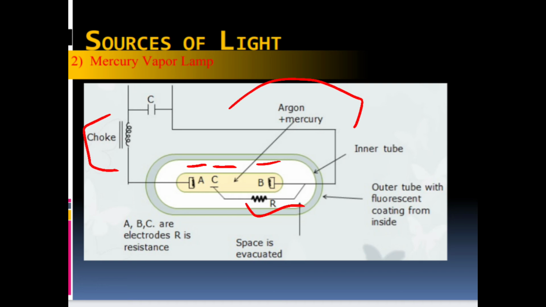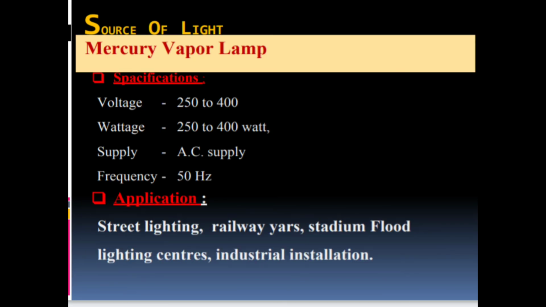Then we see the specifications of mercury vapor lamp. Voltage is 250 to 400, wattage is 250 to 400 watt, supply is AC supply and frequency is 50 hertz. Applications are street lighting, railway yards, stadium flood, lighting centers, industrial installation.